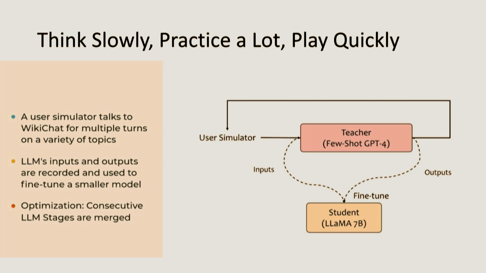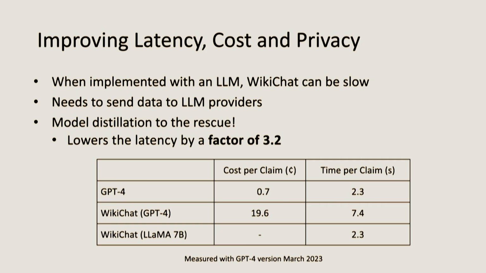And we store that and use it as supervision to fine-tune a smaller model, in this case, the Llama 7 billion parameter model. And at test time, we run that smaller model instead of the teacher model. So it's cheaper, lower latency, and also it can be run locally.